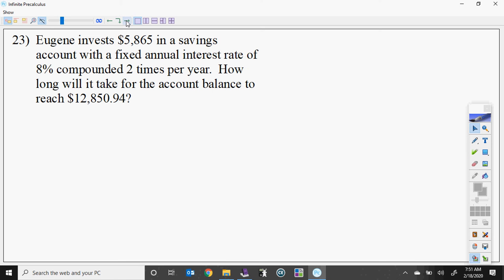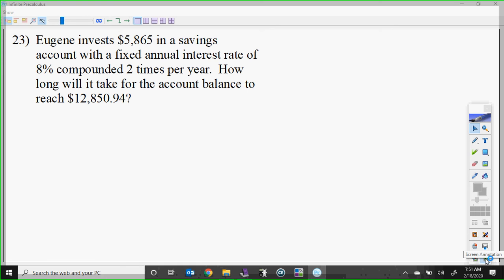Okay, let's look at number 23 together. It says Eugene invests this amount of money, so there's a P. I see an 8% interest rate, so there's r, which means 0.08.